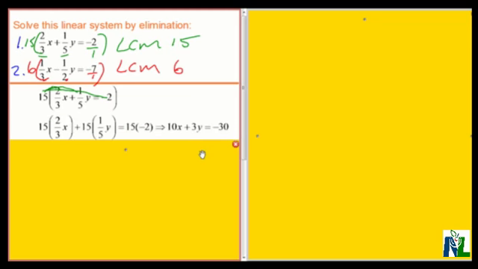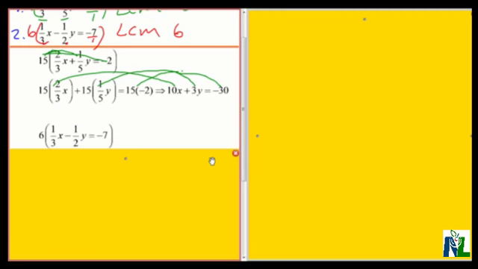So I'm going to have 15 times 2/3 x plus 15 times 1/5 y equals 15 times -2. 15 times 2/3 x is 10x, plus 15 times 1/5 y is 3y, equals 15 times -2 is -30. So I get 10x plus 3y equals -30. This equation will be equivalent to equation 1.